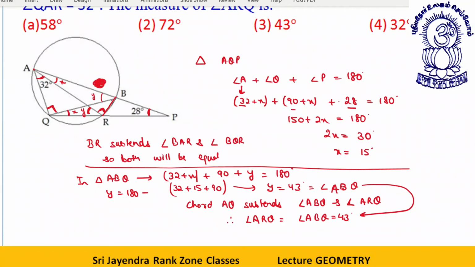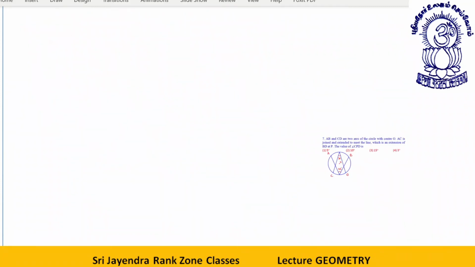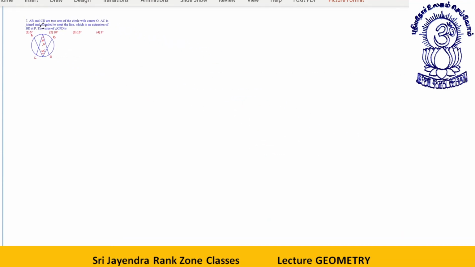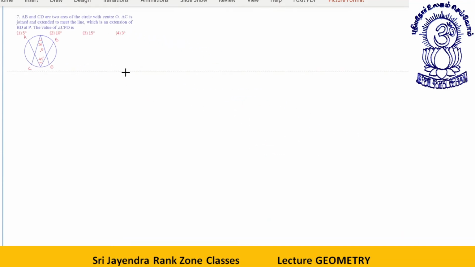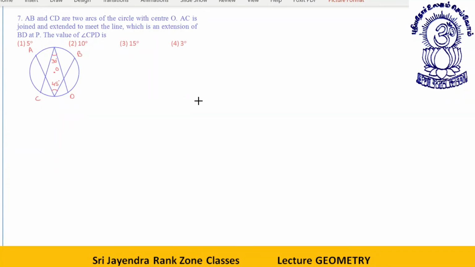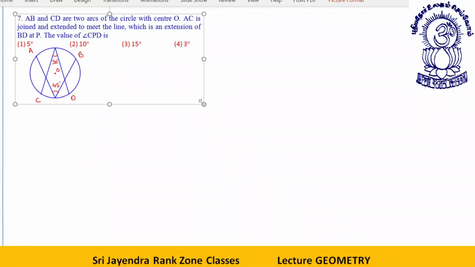Okay, my dear friends, let's take the next one. The next question: AB and CD are two arcs of a circle with center O. This is the center O. AC is joined and extended to meet the line which is an extension of BD at P. You have to determine the value of angle CPD.